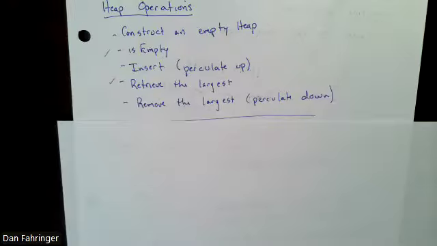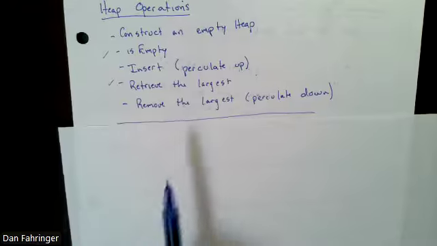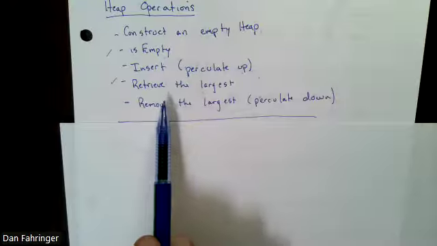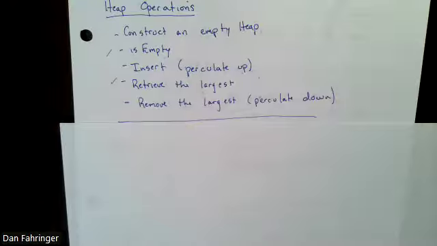I have something called insert. And when I insert, I'm going to percolate up. I'm going to retrieve the largest. Retrieving the largest is what I did in my selection sort. I retrieved the value and tucked it away.